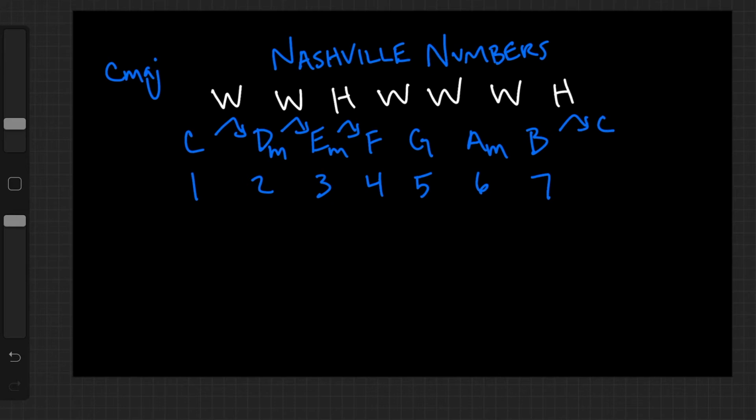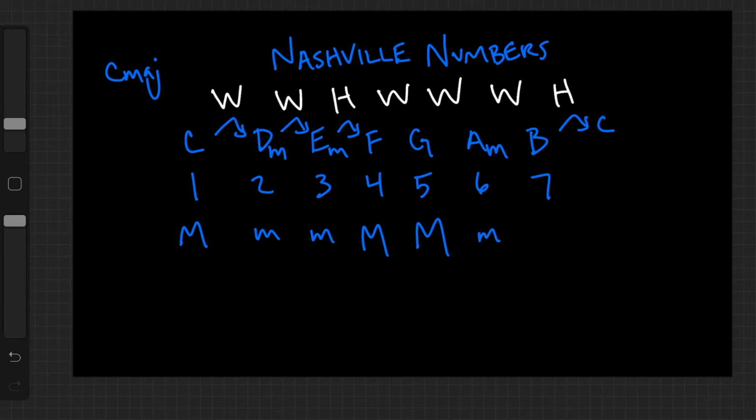And so another important thing to keep in mind when we're talking about chords and numbers is the major-minor pattern. And so we know that our 1, our 4, and our 5 are always going to be major chords when we're thinking about numbers. And our 2, 3, and 6 will always be minor when we're thinking through numbers in major keys.